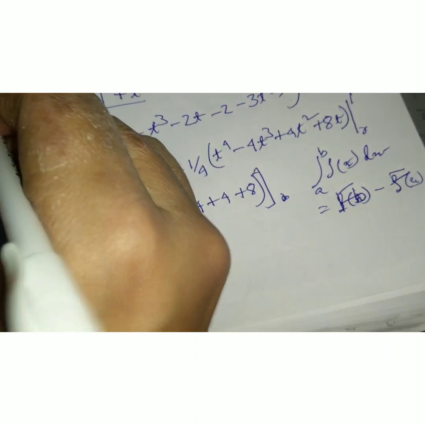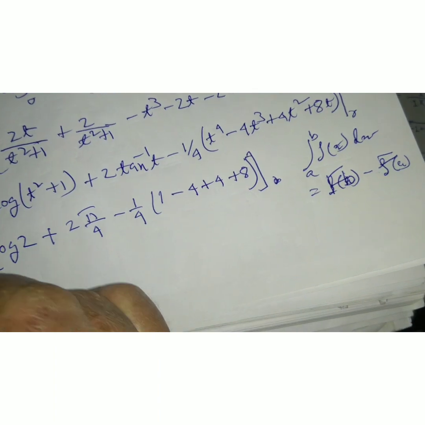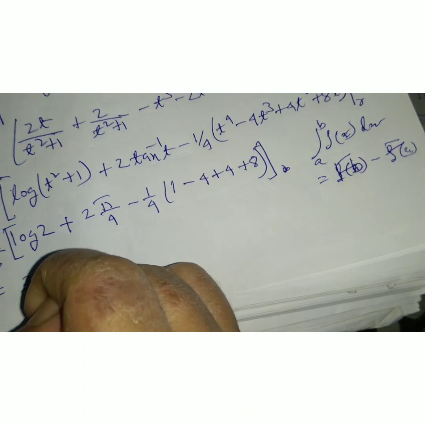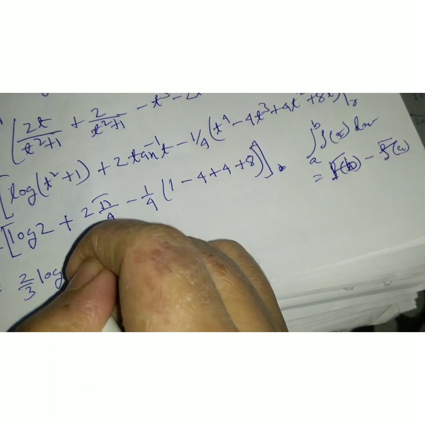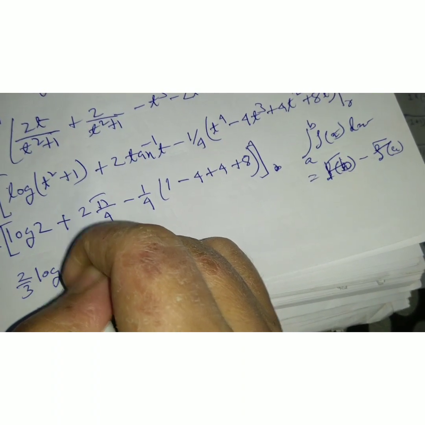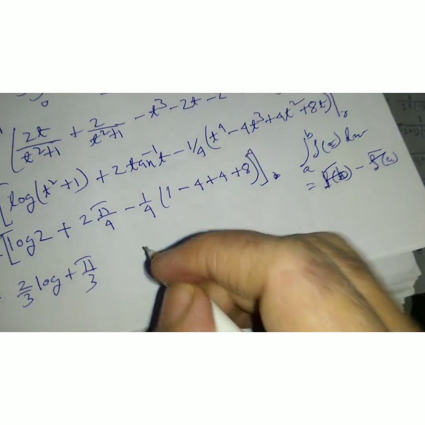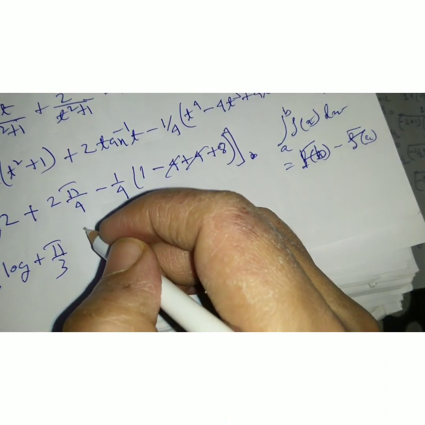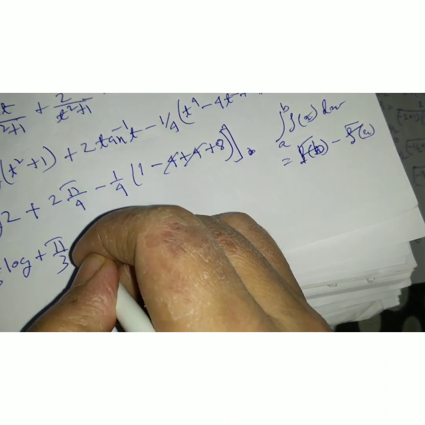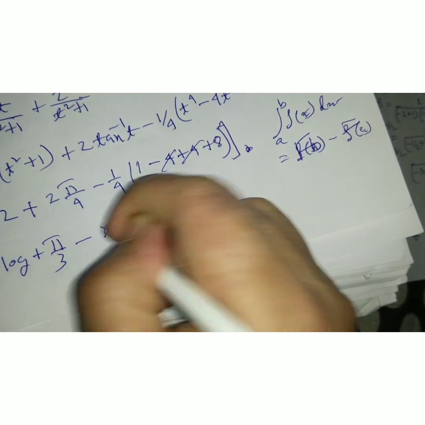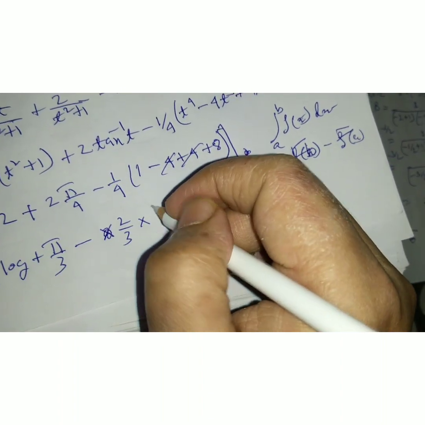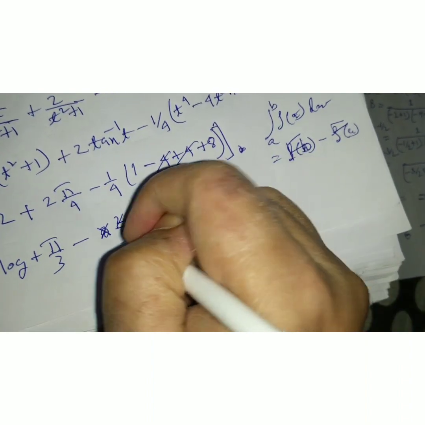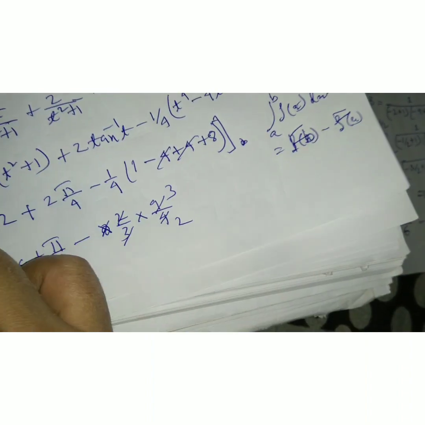Now we can get I is equal to 2 by 3 log 2 plus pi by 3, and here 4 cut, and 8 plus 1 is equal to 9. 2 by 3 into 9 by 4; cut, this is 2, and 3 cut 3, so minus 3 by 2.